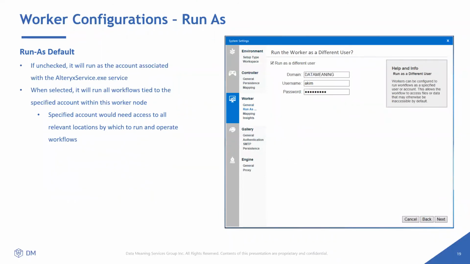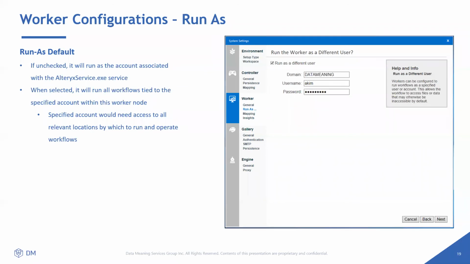So we've already talked about your configuration of the workers. Now let's talk about that default user that you want to run your workflows as. Now, the reason why this is important is if this is left unchecked, it is going to use whatever the service is running as, whether that's a service account or some other admin account set up.